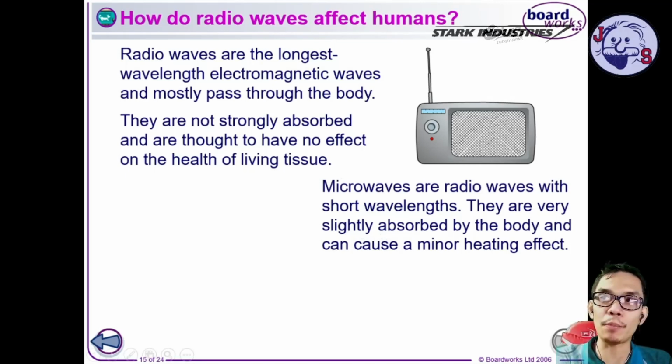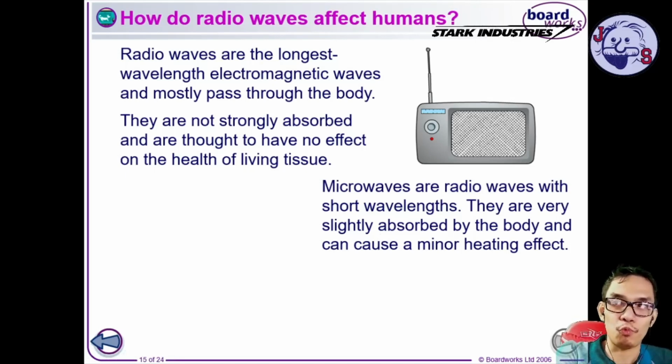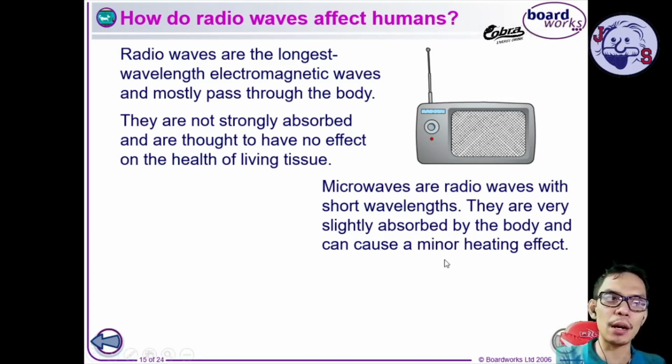When we absorb microwaves, they can cause minor heating, which is probably negligible. It is not much hazardous.